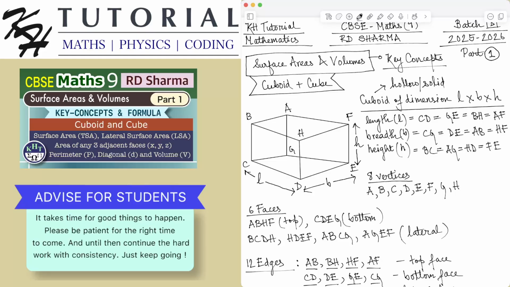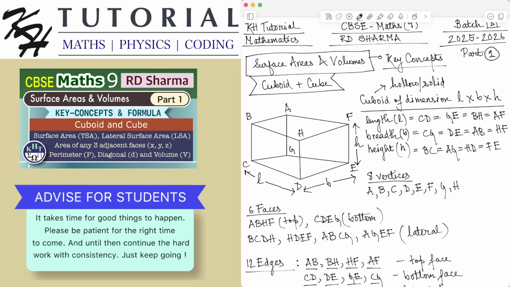You can see that the sides which are denoting the lengths are CD, GE, BH and AF. Similarly, the sides which are denoting the breadth or the width are CG, DE, AB and HF, and the sides representing the height of this cuboid are BC, AG, HD and FE.